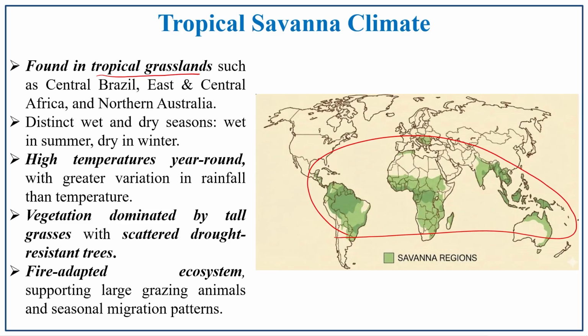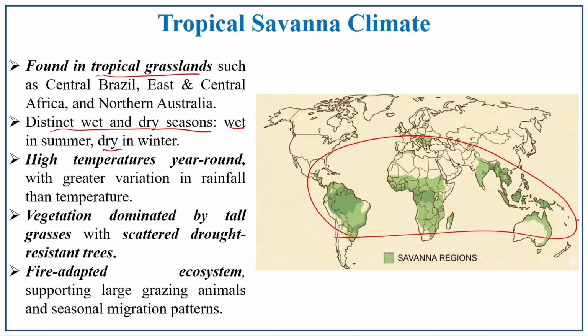The distinct wet and dry season is the main characteristic. How will the summer and winter be? The summer will be wet and the winter will be dry. High temperature will be there throughout the year, with greater variation in rainfall than temperature. That was the characteristic of this particular region.